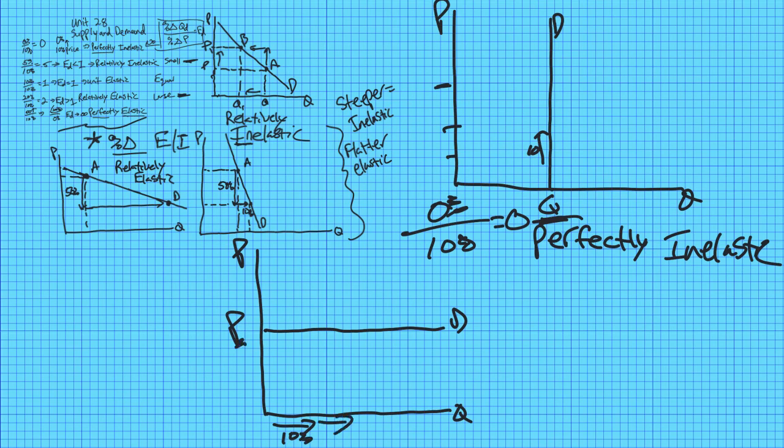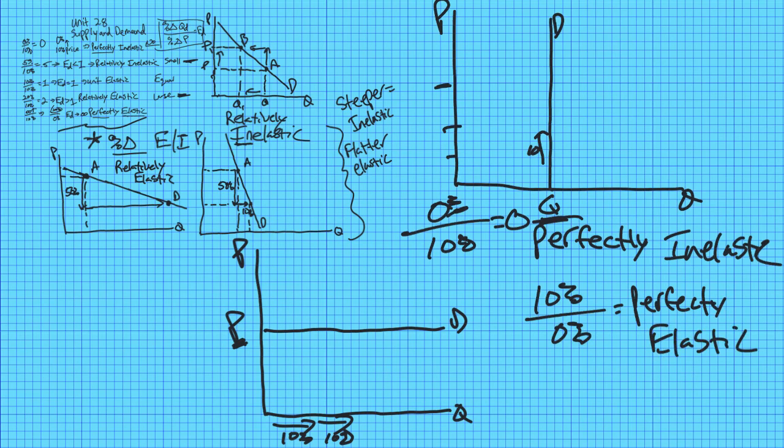This would be undefined, but it is technically approaching infinity. So this would be perfectly elastic. Okay? So these are some of our ways to visualize elasticity when it comes to demand curves.